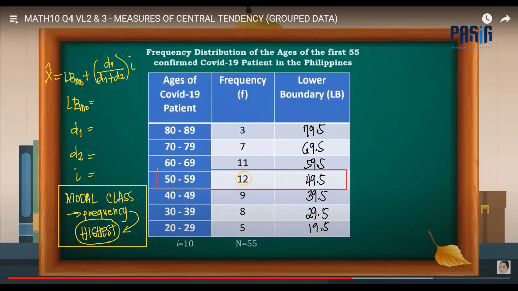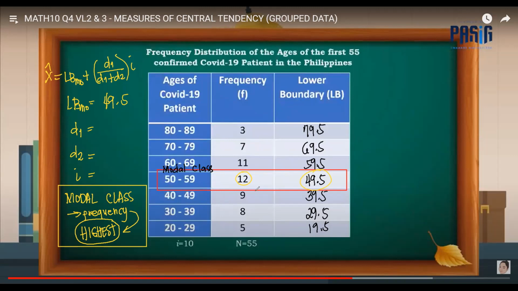So, ito po yung ating modal class. Okay? So that is the modal class. Diyan din po natin makukuha yung mga values nito. So ano yung lower boundary niyan? Ang lower boundary niya ay 49.5.